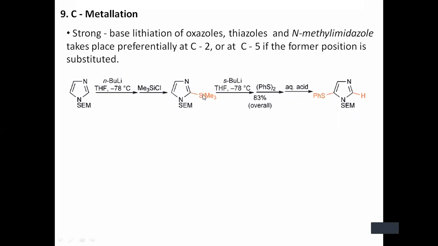Compared to the 2 position, the 5 position is highly reactive, and for this transformation also the migration of the methyl group takes place at the 5th position because it is a very reactive position.